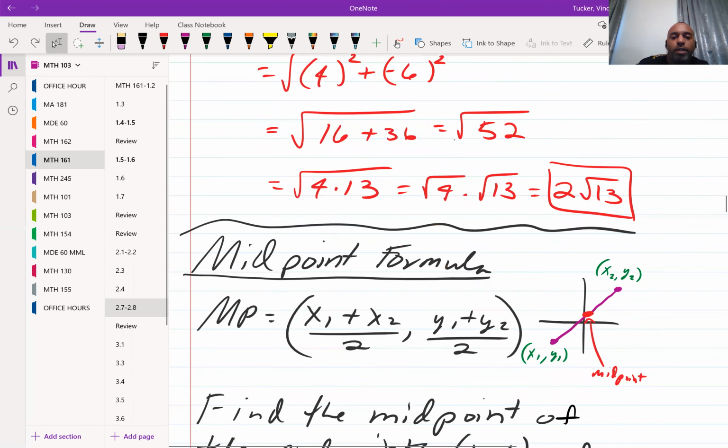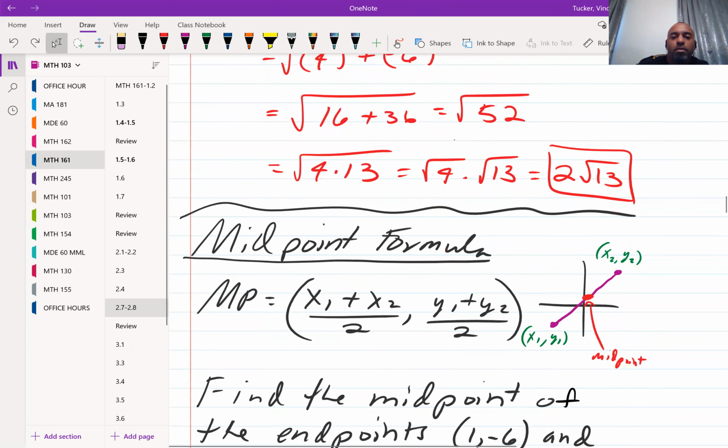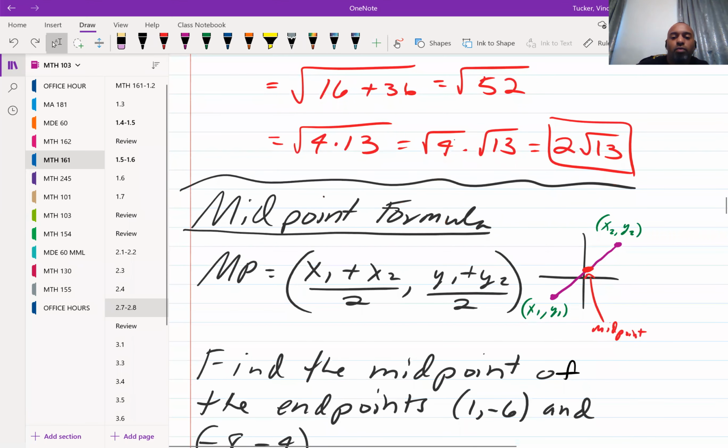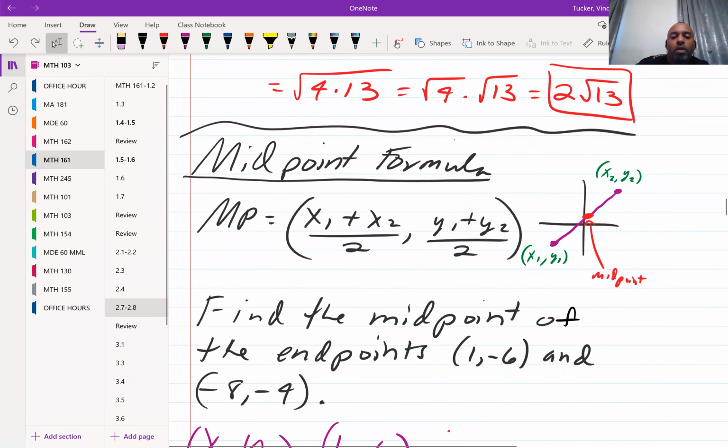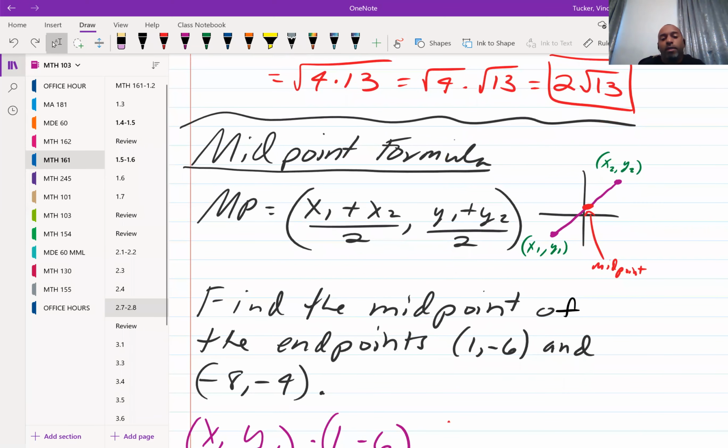Anybody holding on to the red? All right. So we're going to find the midpoint of the endpoints 1, -6, -8, -4.